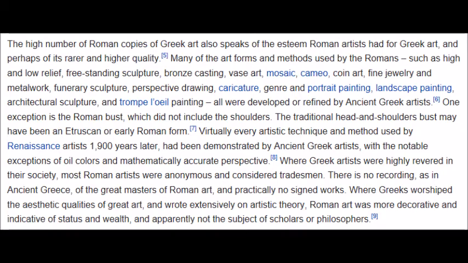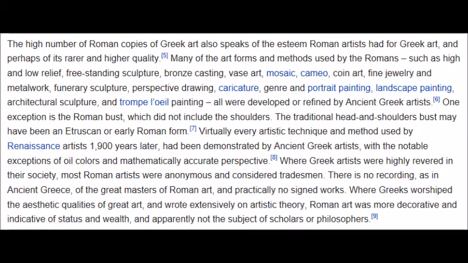Many of the art forms and methods used by the Romans, such as high and low relief, freestanding sculpture, bronze casting, vase art, mosaic, cameo, coin art, fine jewelry and metalwork, funerary sculpture, perspective drawing, caricatures, genre and portrait painting, landscape painting, architectural sculpture, and other paintings, all were developed or refined by ancient Greek artists within the Roman world.